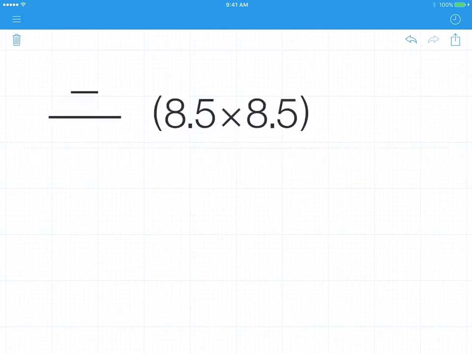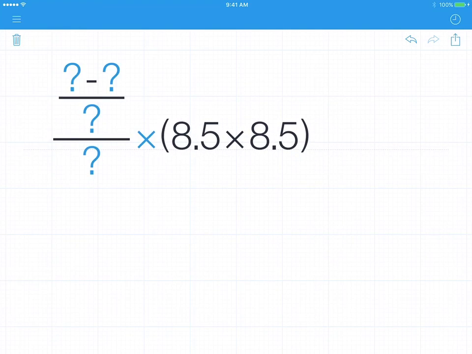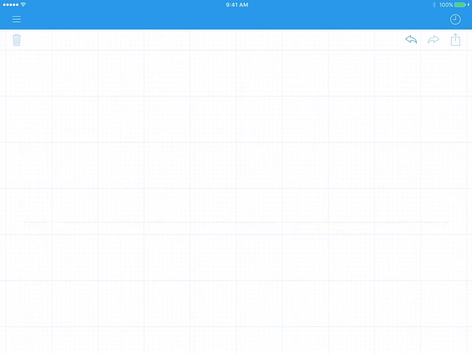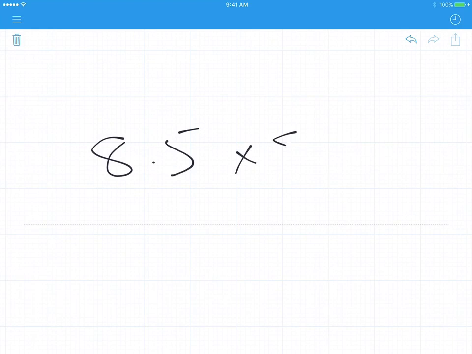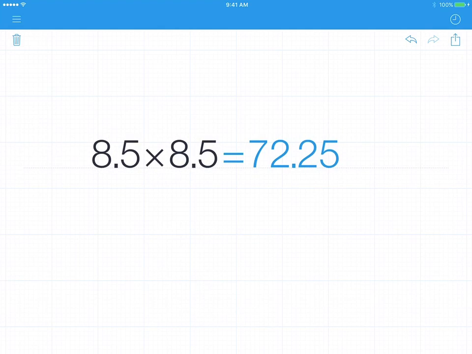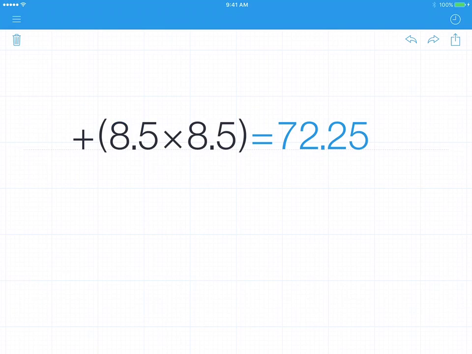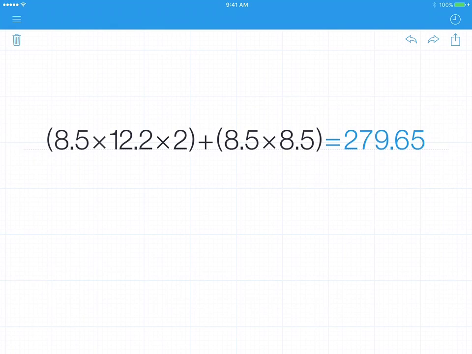Sometimes it doesn't work. That keeps popping up. All right, so forget that. And there we go. 8.5 times 8.5 is 72 and a quarter.